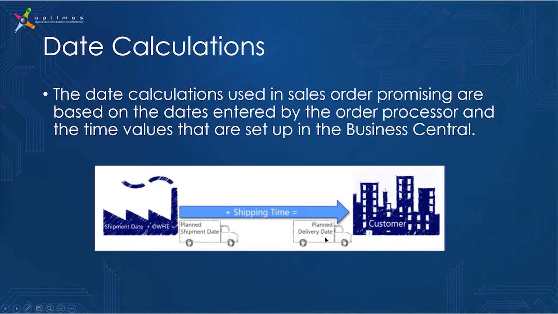The planned delivery date is when the truck, so to speak, delivers, because as I mentioned, we have lots of different methods to ship. The planned delivery date is what we can inform the customer.